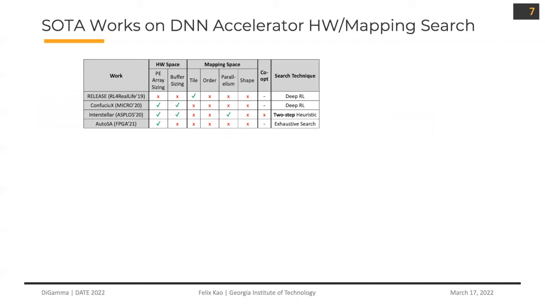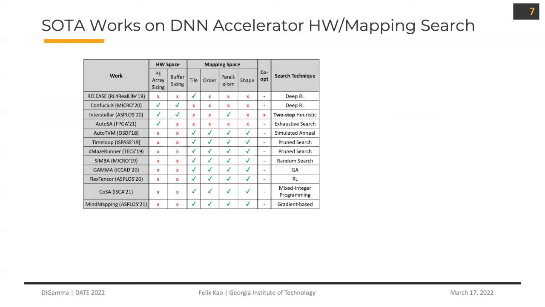At the start, you will see that some of the works mostly focus on the hardware space, and some mostly focus on the mapping space. So we can observe that works often work on only one of them. This is understandable because each design space is very huge, and when we explore both of them simultaneously, the search space just explodes.